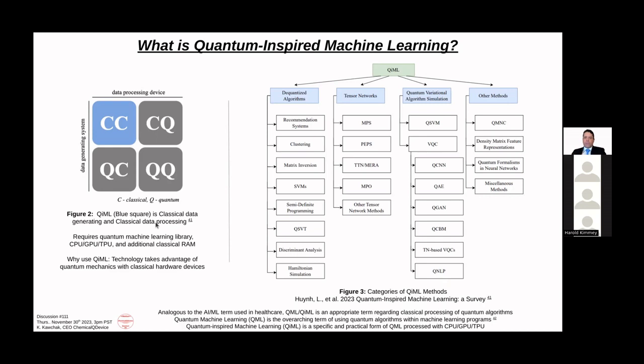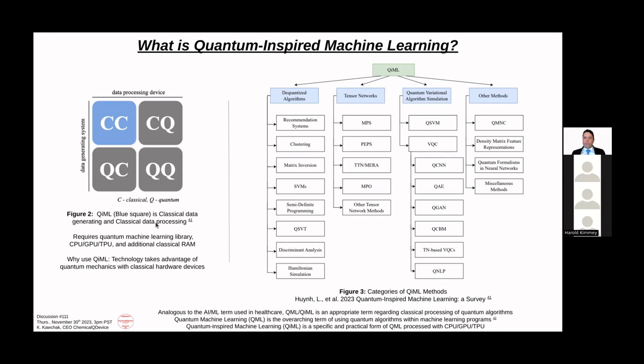That's where the algorithms are with a neural network, but in this case, with quantum inspired machine learning, there's a separate quantum machine learning library called PennyLane or Qiskit or TensorFlow Quantum that's taking care of the quantum algorithm, and it also needs additional RAM.